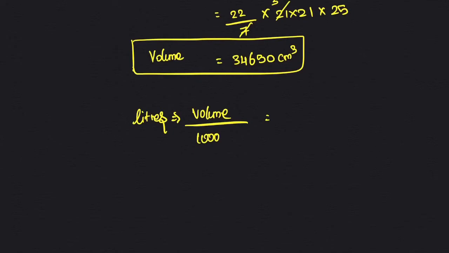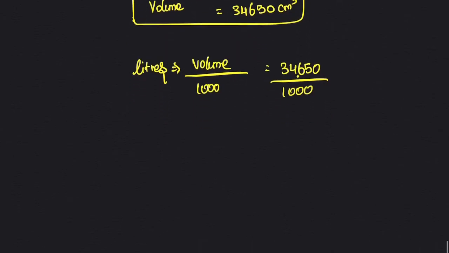So 34650 divided by 1000, after cancelling just put the decimal point, so the final value is 34.65 liters.